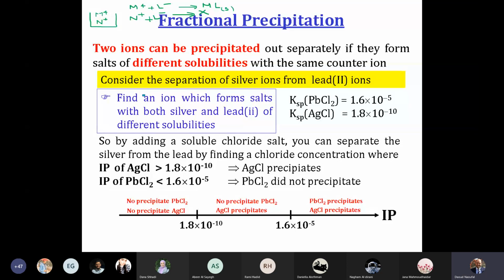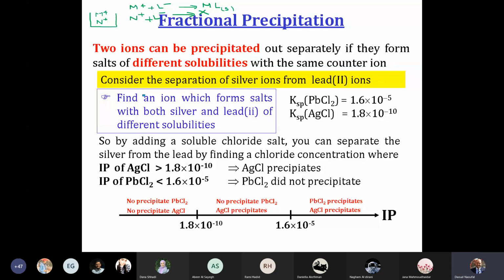So what is the final result? M plus totally passes to the precipitate ML, N plus remains in the solution. By simple filtration, we can separate ML from the solution.